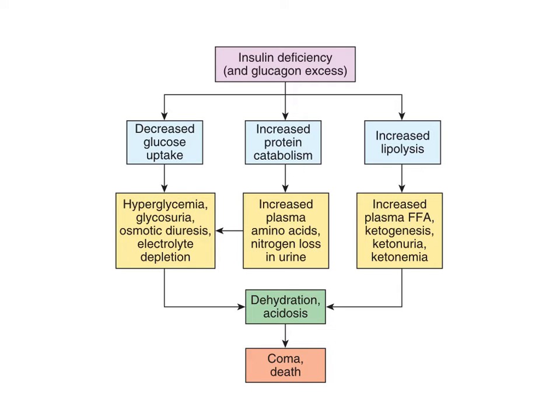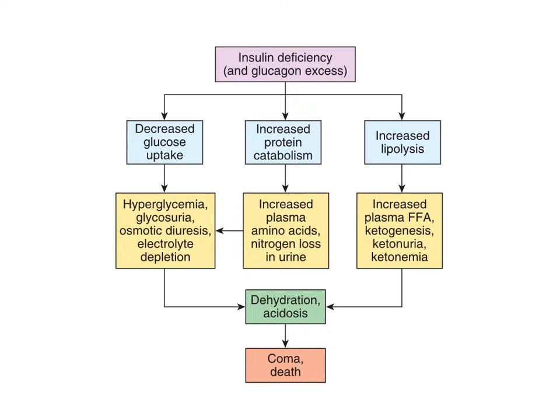Increased lipolysis causes a large amount of free fatty acids into the circulation. Those free fatty acids are taken up by the liver and converted into ketone bodies, so you end up with ketonuria. Those are the long term effects of lack of insulin.